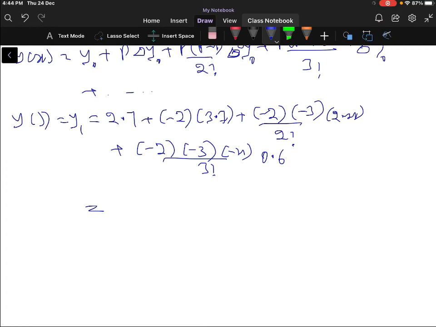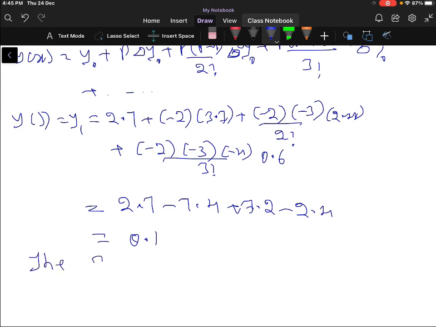So this implies y1, or y at x equal to 1, is 2.7 minus 7.4 plus 7.2 minus 2.4.